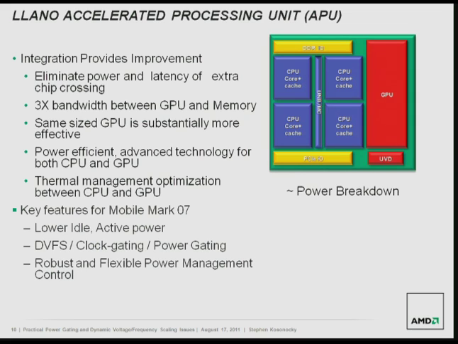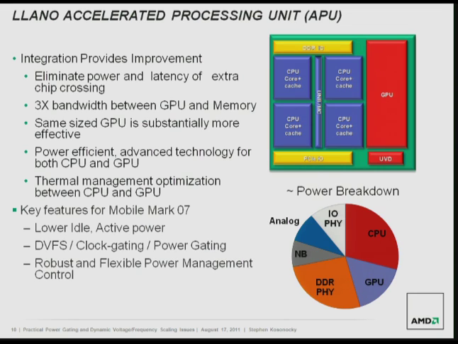And then it also allows us the opportunity to have dynamic thermal management between both the CPU and GPU to keep the overall thermal budget in place. Some of the key features for MobileMark 07 here for the Llano processor is really lower idle power and active power. And it includes DVFS, clock gating, of course, and power gating of the key functions. And also a robust and flexible power management control system.